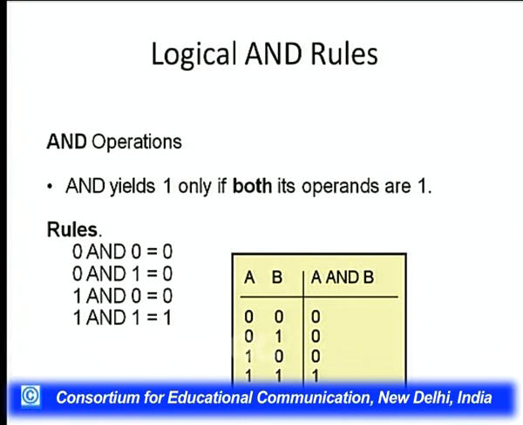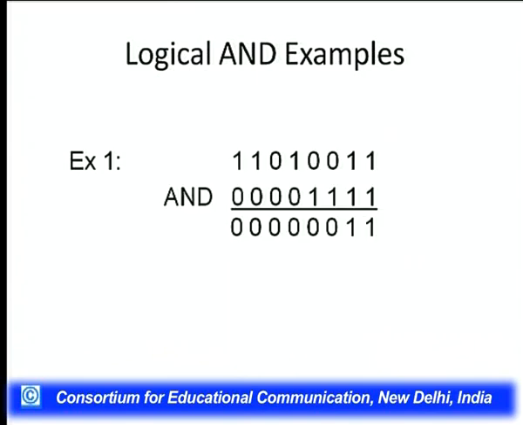If any of them is 0, then the result of the operation will be 0. So, you can see here 0 and 0 is 0, 0 and 1 is 0, 1 and 0 is 0, and only when 1 and 1 are performed, the answer comes to 1. So, these are logical AND examples.